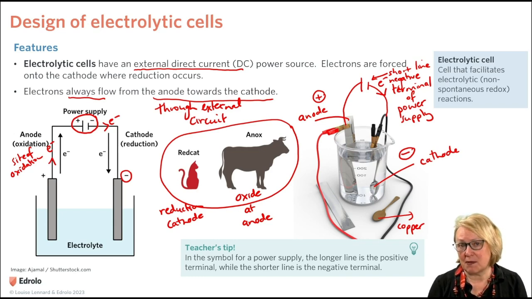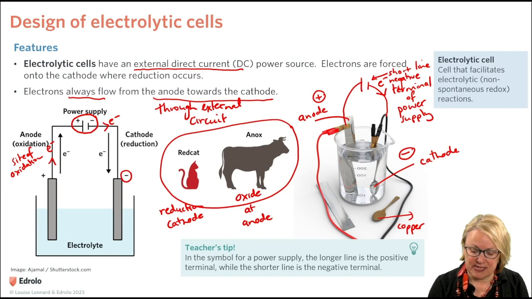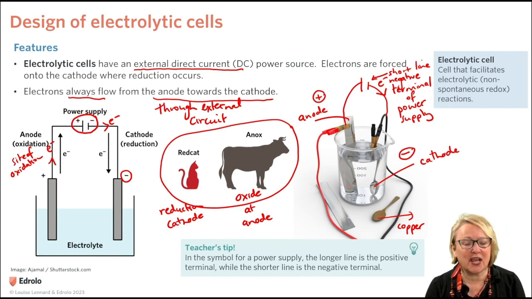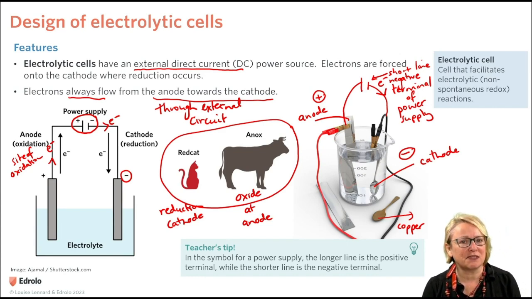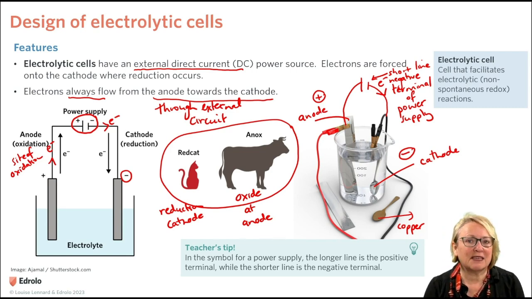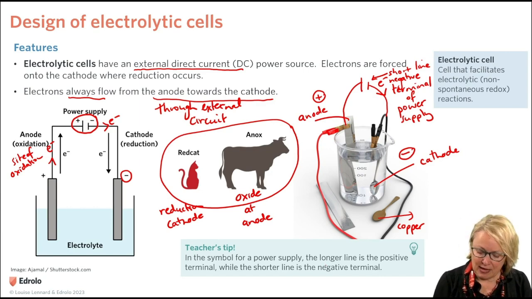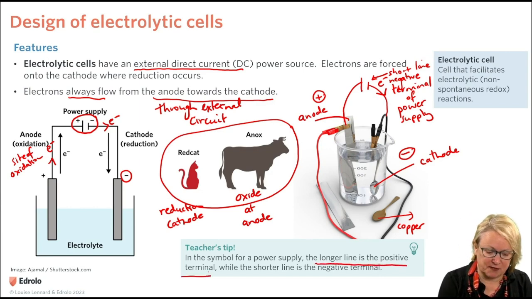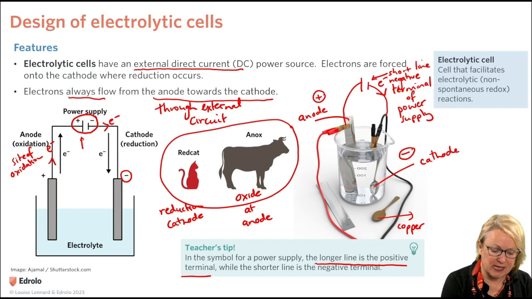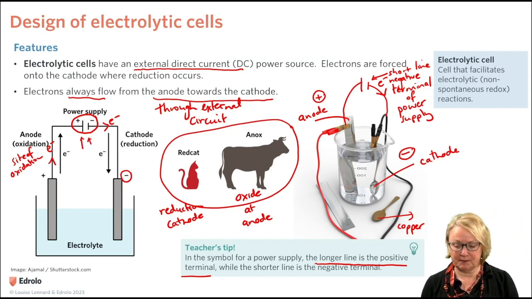What's different about an electrolytic cell is that the cathode is negatively charged because we're forcing electrons from the power supply onto that electrode, and the opposite polarity for the anode to a galvanic cell, so the anode in an electrolytic cell is positively charged. The longer line is the positive terminal of the power supply, and the shorter line is the negative terminal.